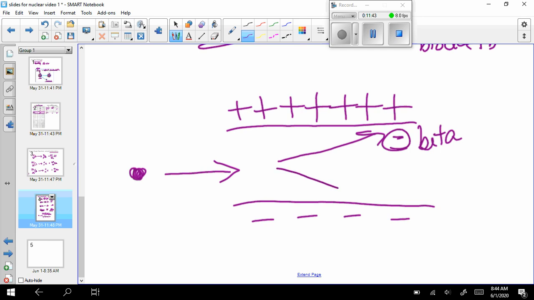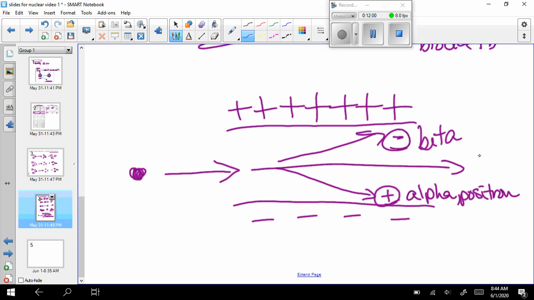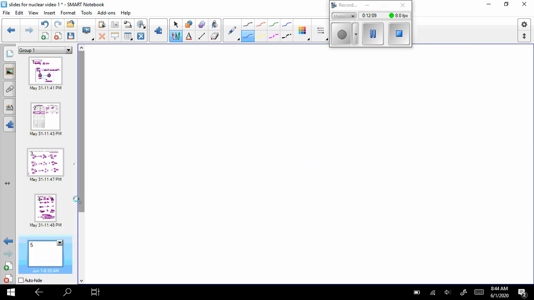And if it goes this way and it likes the negatives, it's got to be positive. So the positive ones that we talked about were alpha and positron. And then if it goes right through and it's unaffected by either one, it has no charge. So that was gamma. All right, and that is the end of it.